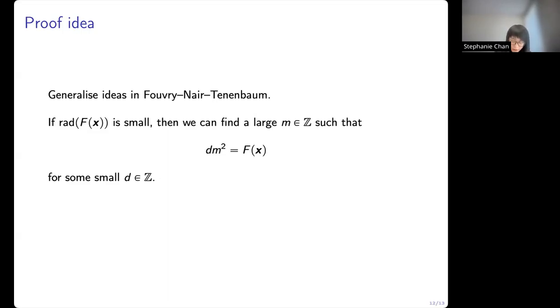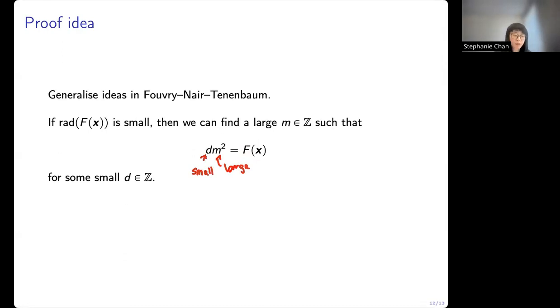Because if the square part of this polynomial value is small, then logarithmically this d should be very close to f of x. If this is not the case, then we expect this m to be large, and this d to be small.